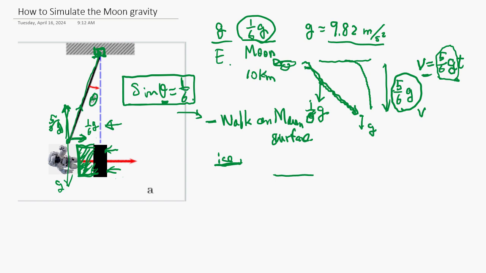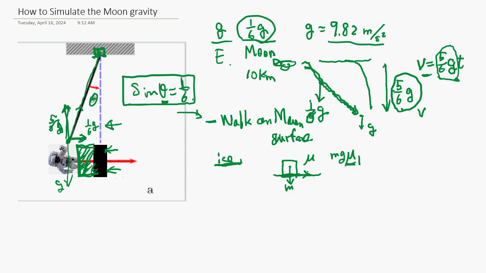The reason is this friction. If you have m, the friction constant is mu, mg mu is this friction, and for ice this is very small.